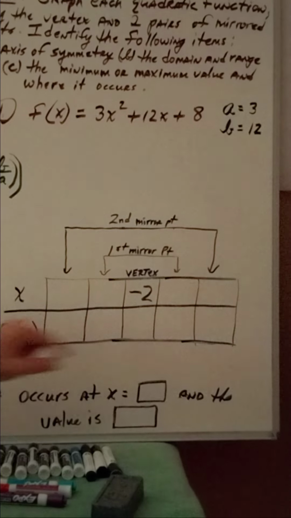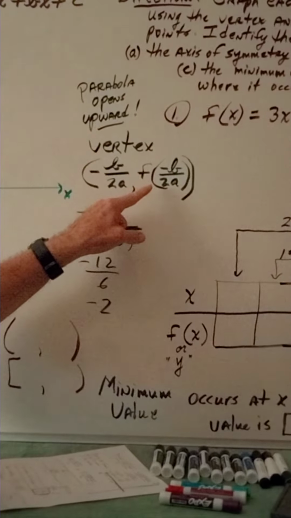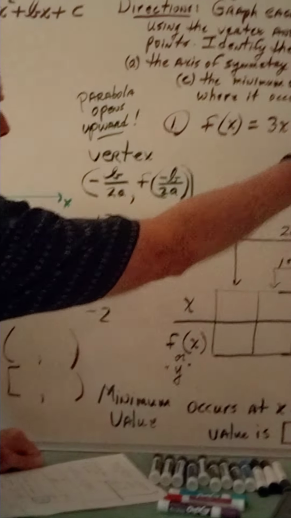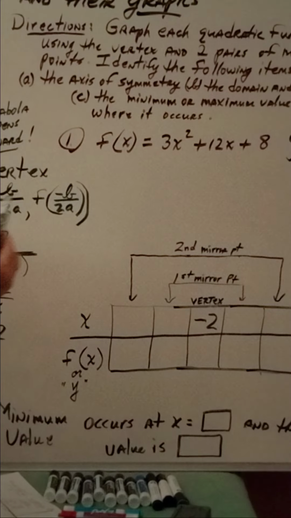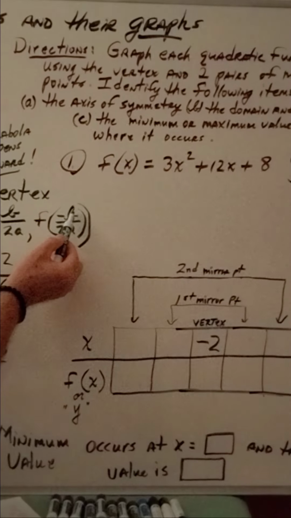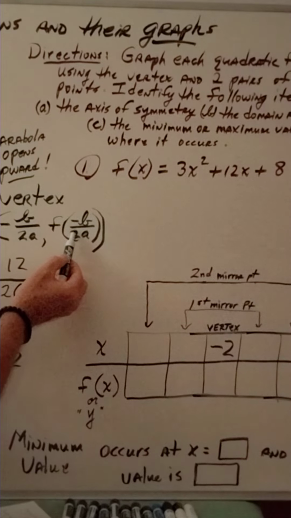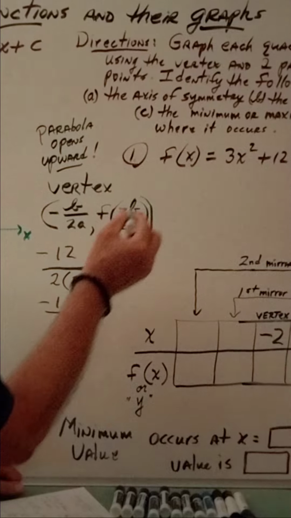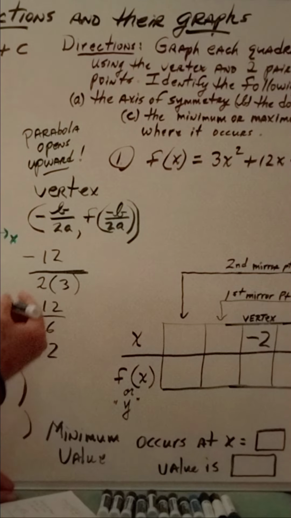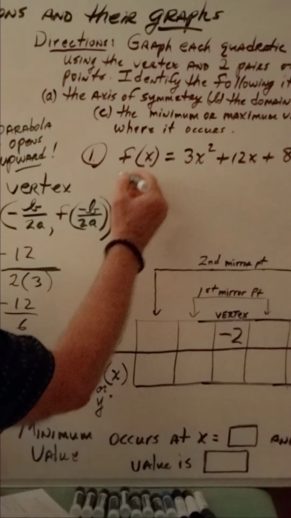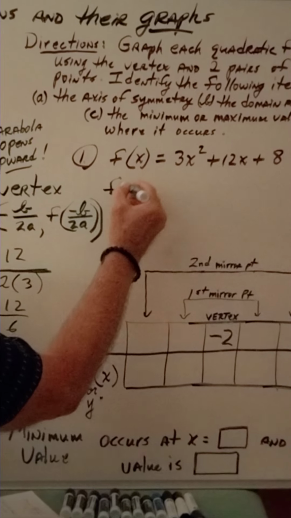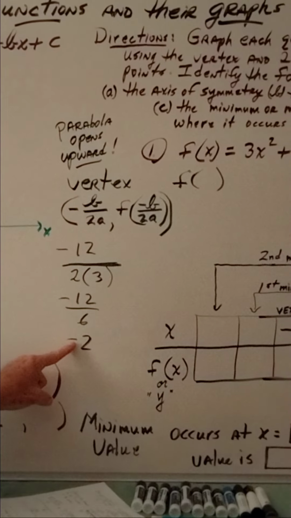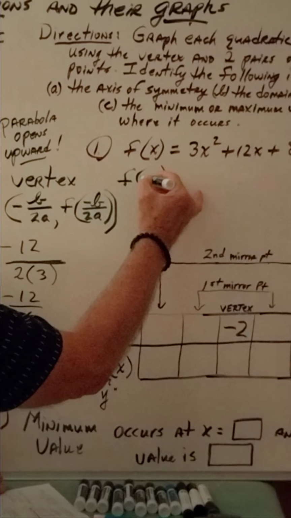Now we need to get the y value, and here's how we get it. We're going to evaluate this function for the domain of the x value of the vertex. We just found the x value of the vertex is negative 2. Now we're going to find the y value of the vertex, and we're going to evaluate this function when the domain is the x value of the vertex, negative 2.